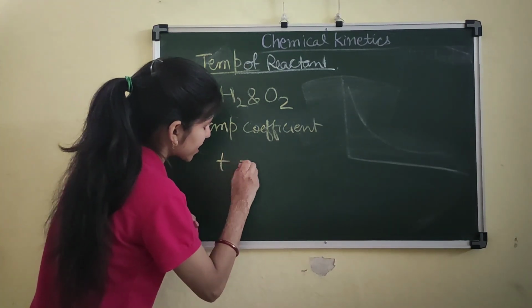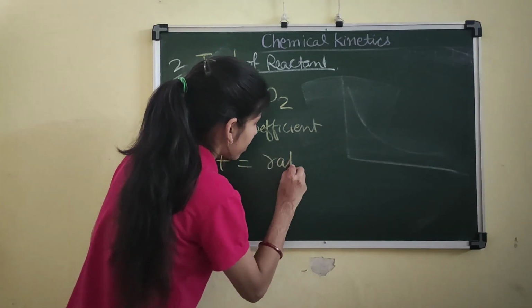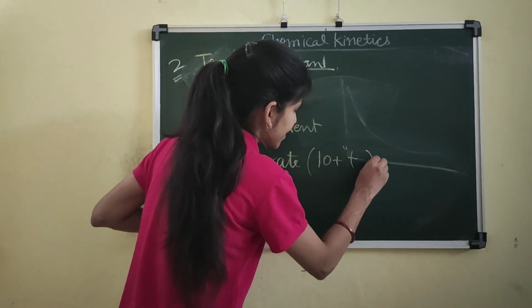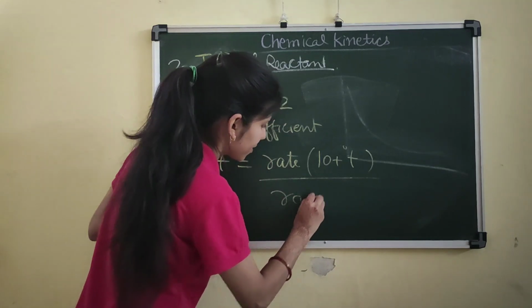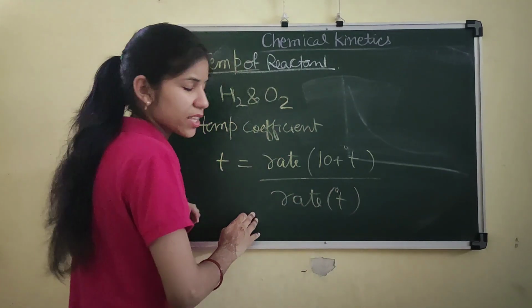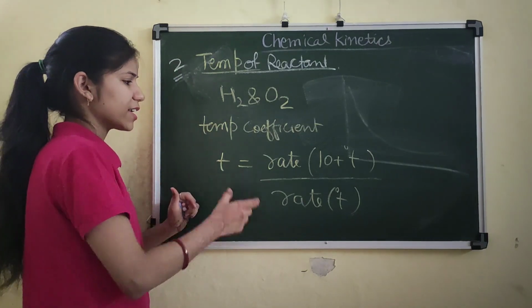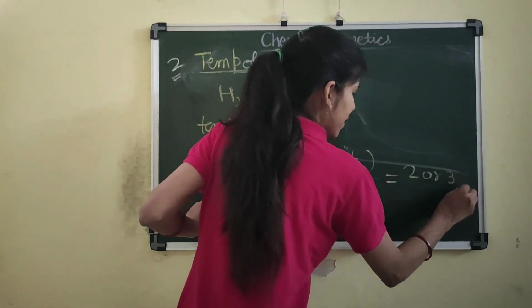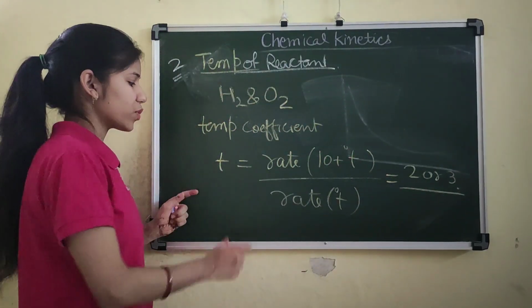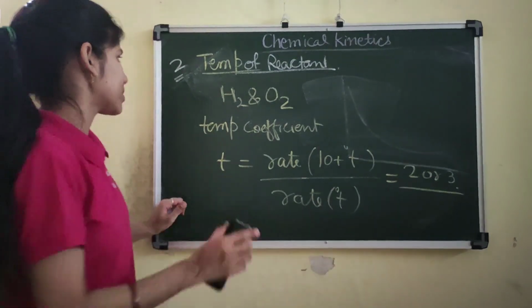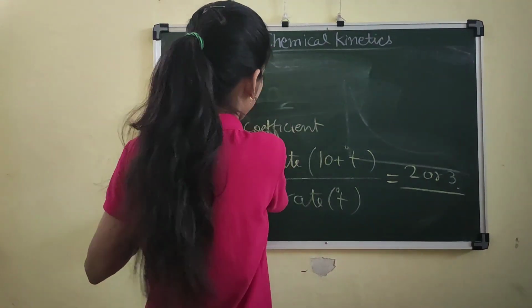Temperature coefficient is equal to the rate at T plus 10 degrees Celsius divided by the rate at T degrees Celsius. This shows that the rate of reaction increases two or three times with an increase of 10 degrees in temperature.